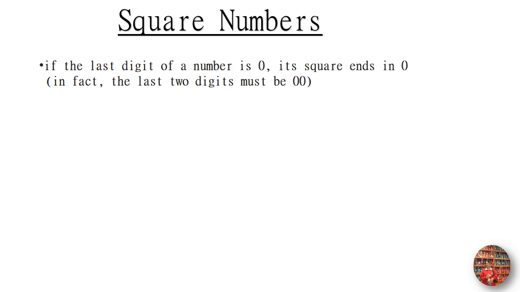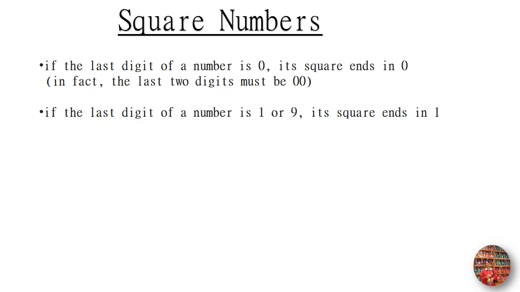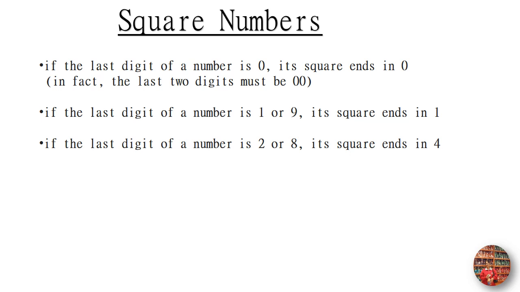you will find that if the last digit of a number is 0, then its square ends in 0. In fact, it must end in two zeros. If the last digit is 1 or 9, its square ends in 1. If the last digit is 2 or 8, the square ends in 4.